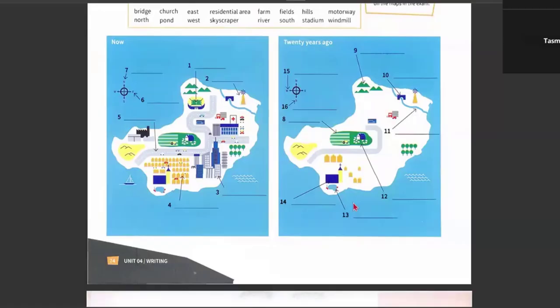You might need to compare it with now and then, or you might also have to just describe what is going on in the map, or maybe you have to give some directions. So everything that you have to do will be regarding a map.